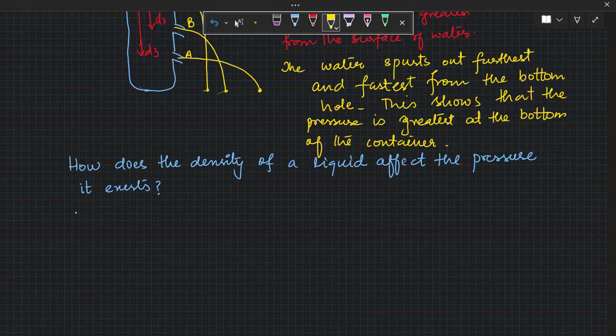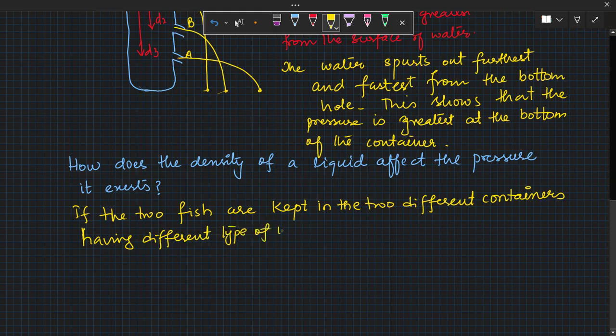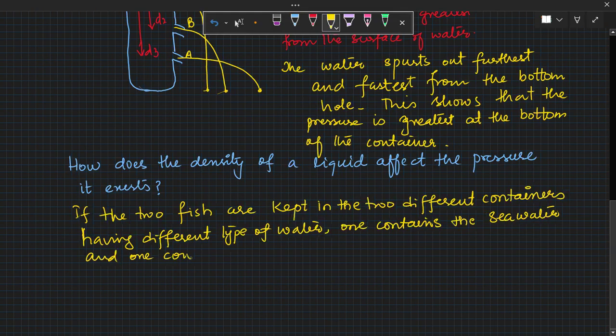So if the two fish are kept in two different containers having different types of water, one contains seawater and one contains tap water, right?